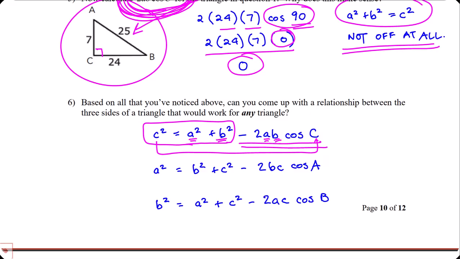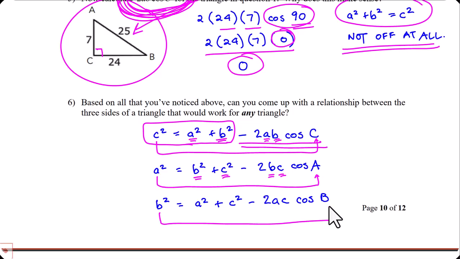So depending on what we're given in the situation, maybe we want side A here and angle A here. The other two sides are B and C, aren't they? Or maybe I want side B here and angle B here, so the side and opposite angle will always be at both ends of the formula, and then the other two sides are A and C.